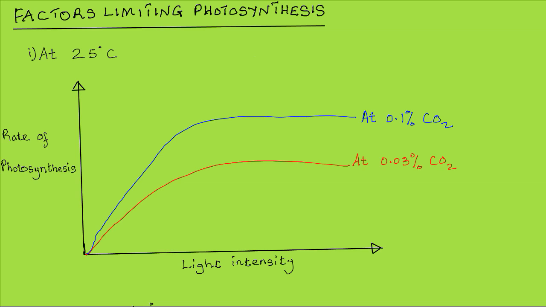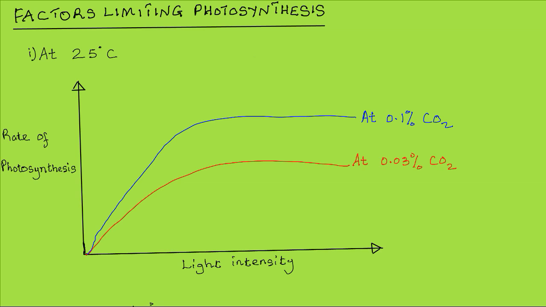In photosynthesis, light intensity, carbon dioxide concentration, and temperature interact in influencing the rate of photosynthesis at any one given time. So these three factors are very critical in determining the rate of photosynthesis.